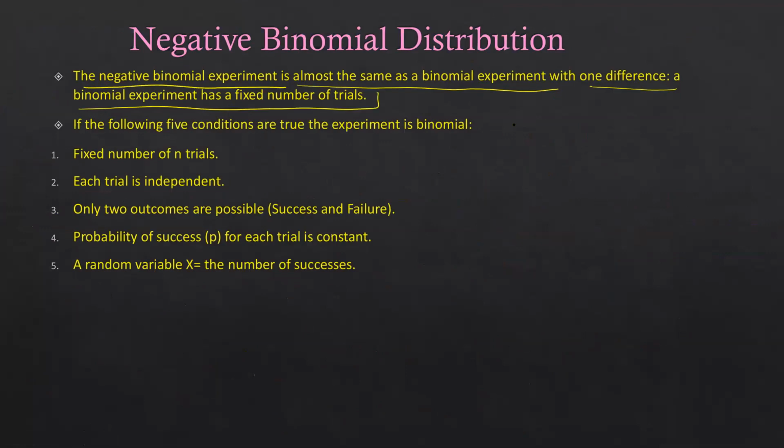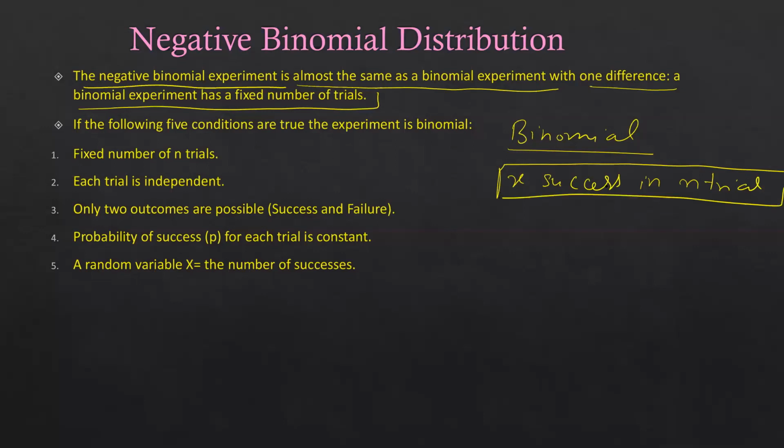So as we have seen in binomial, we have X success. We have talked about X success in N trial. This is what we have done in binomial distribution. So you can see that we have a fixed number of N trial, and each trial is assumed to be independent.